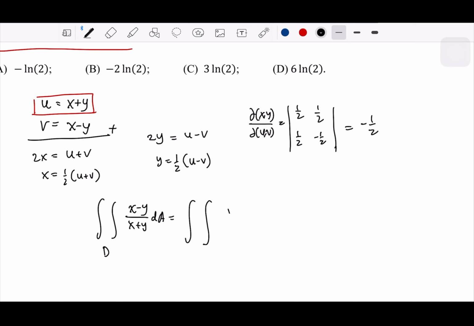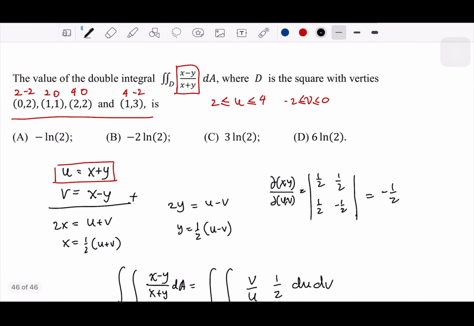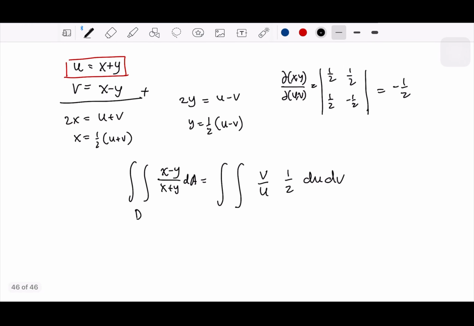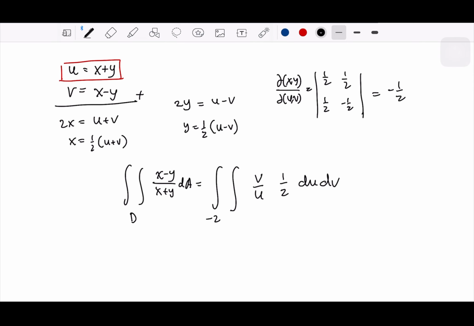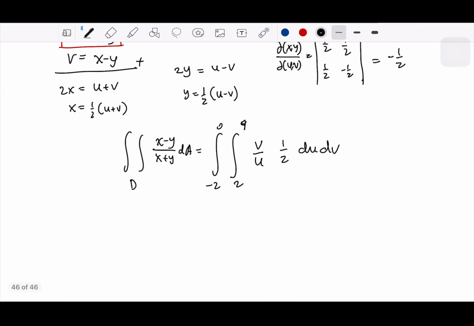So we have the integral over u with the Jacobian here, half du dv. Because this is a square, it's not a trapezoid, right? So we don't need to be worried about the line equations. So we just plug in all the constants here, and if you want to switch the order, not really a problem.